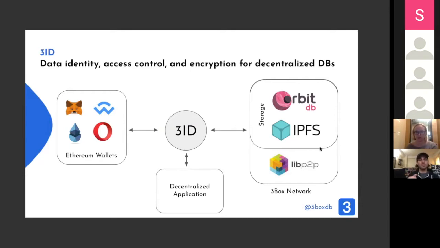And if the user approved the message, then it would generate the 3ID from that signature and the entropy in the signature. And then from that 3ID, we would derive a signing key and an encryption key. And those would be the database keys that you use to interact. And so now we've broadened that to allow users to associate many different key pairs and authenticate with all of their keys while still maintaining control and consent over all of their data.